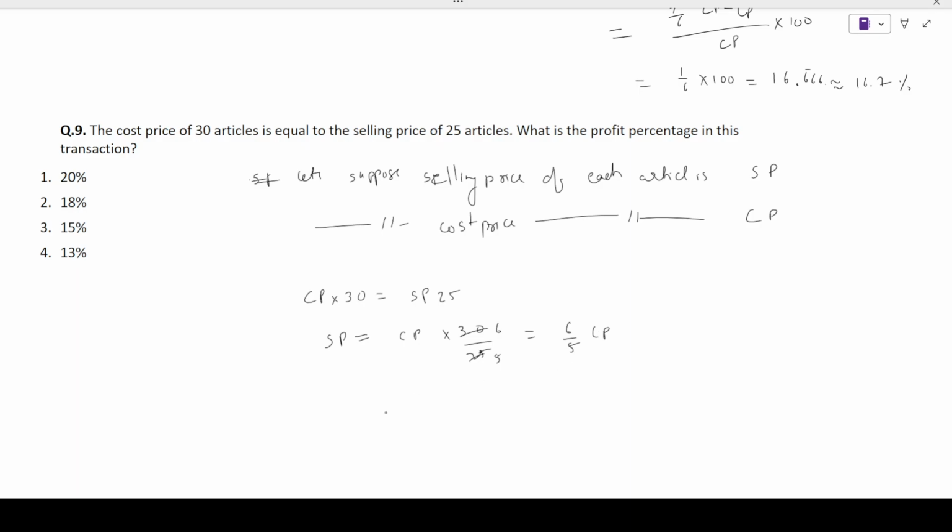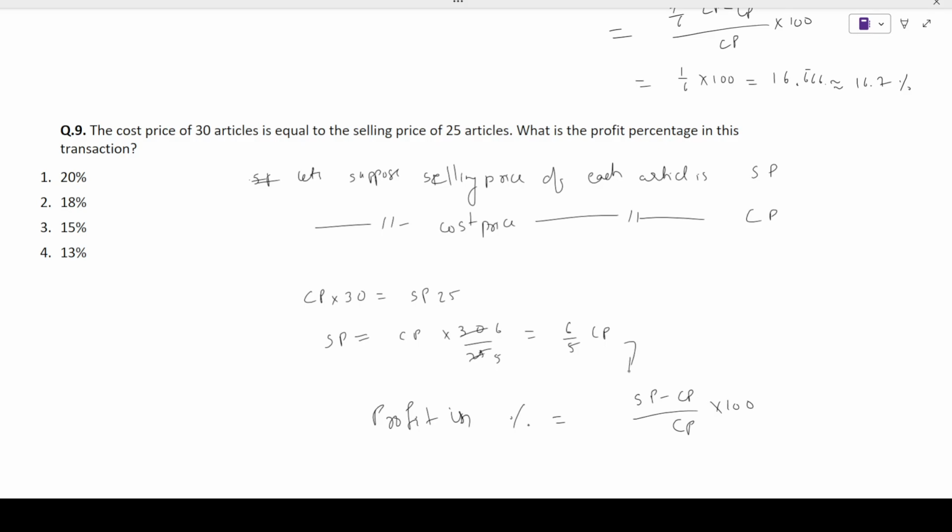And to calculate this profit in percent, we have selling price minus cost price upon cost price into 100.